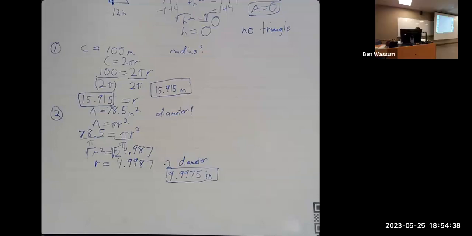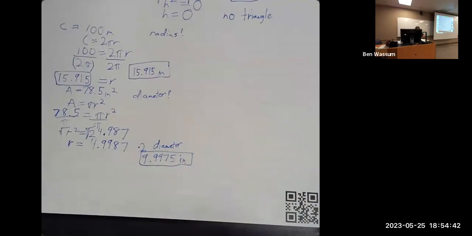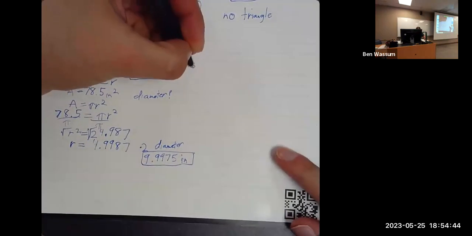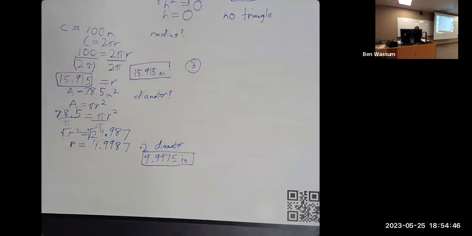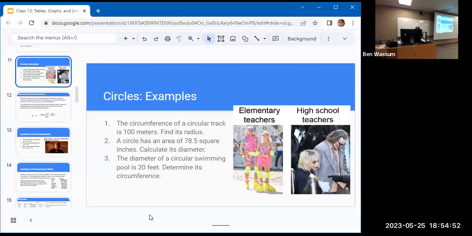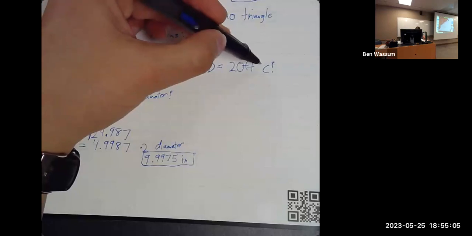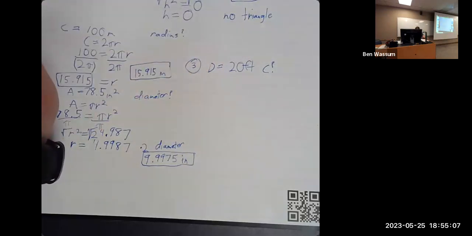One more circle example left. It says that the diameter of a circular swimming pool is 20 feet, and we want the circumference. So we have the diameter, we need the circumference.